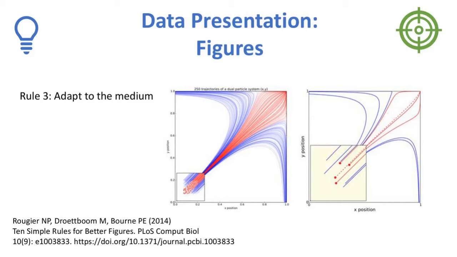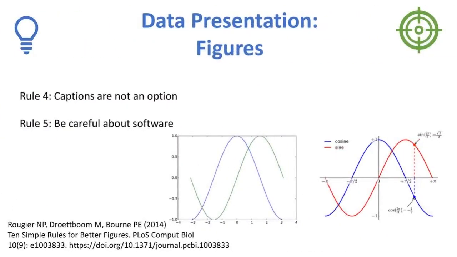I'm getting the same information across, but I might be doing it in a way that's more adapted to the particular medium that I've chosen to use. So maybe a journal article versus a conference presentation in this case, for example. Rule number 4, we've talked about this already. Your captions are not an option.